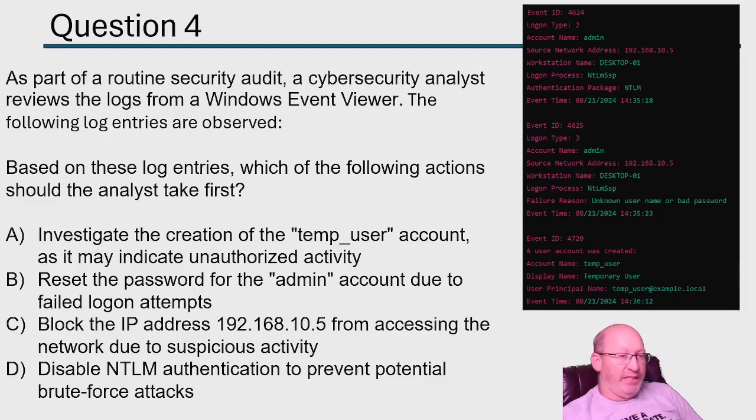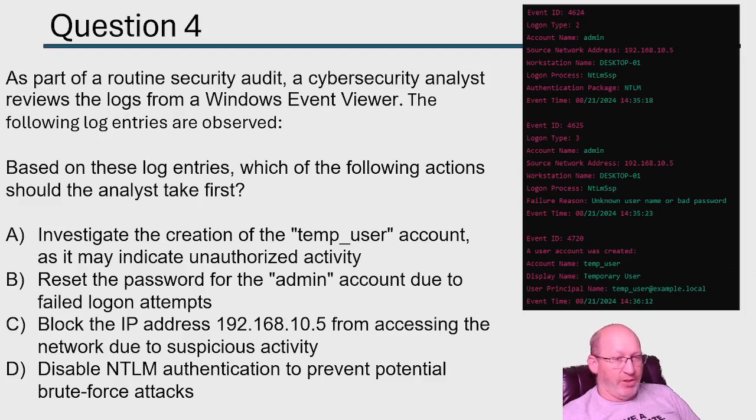Let's start with D. Disable NTLM authentication to prevent potential brute force attacks. They've already gained access, right? And based on the 3 logs that we have, where somebody logged in successfully, someone didn't log in, and then somebody created a temporary user, it's not really something that I feel is a priority on this question based on the log that we have.